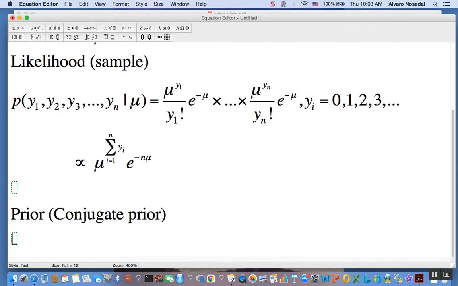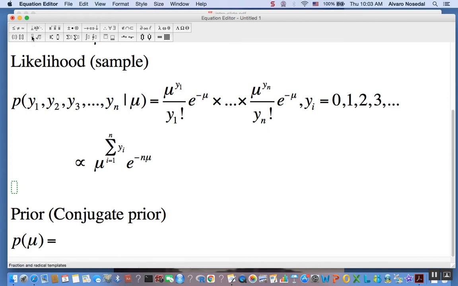And we know that the conjugate prior, as I already said, is going to be a member of the gamma family. So it looks something like this.